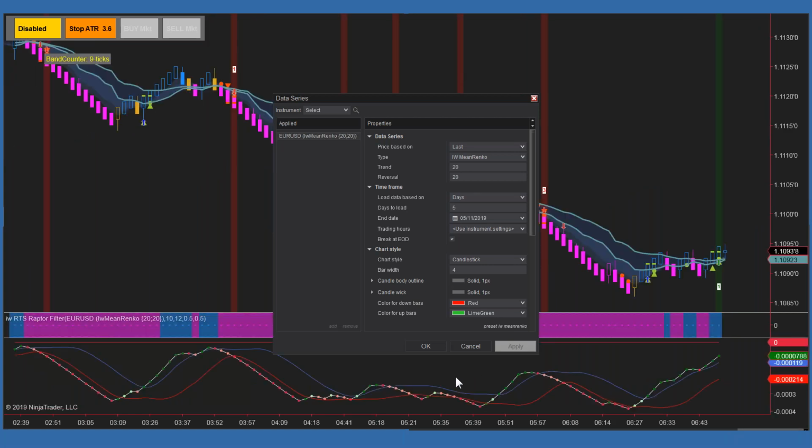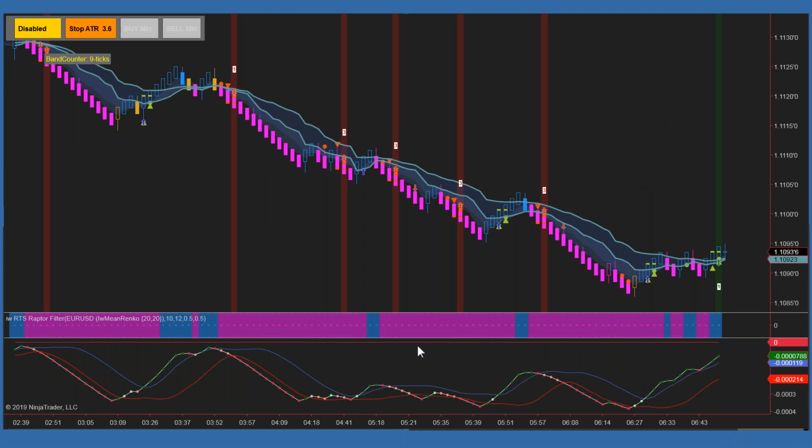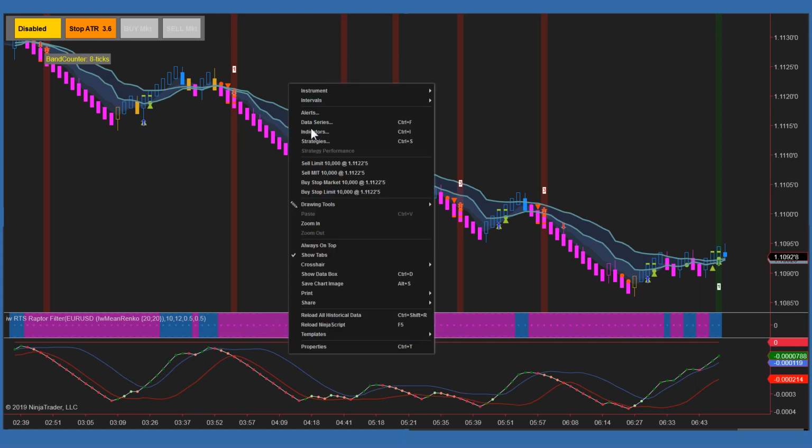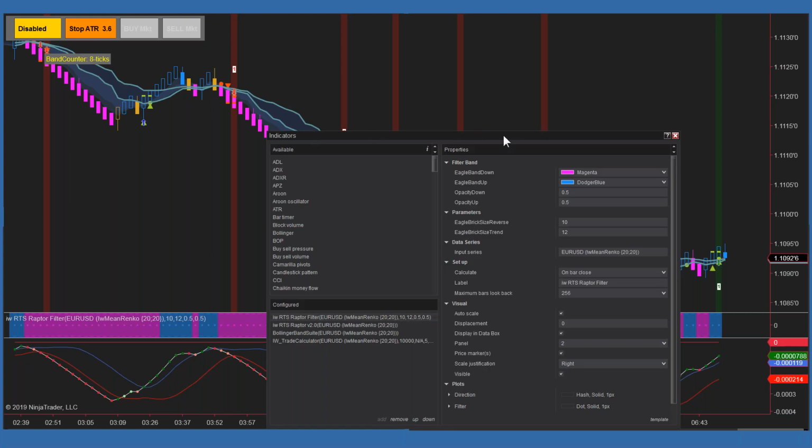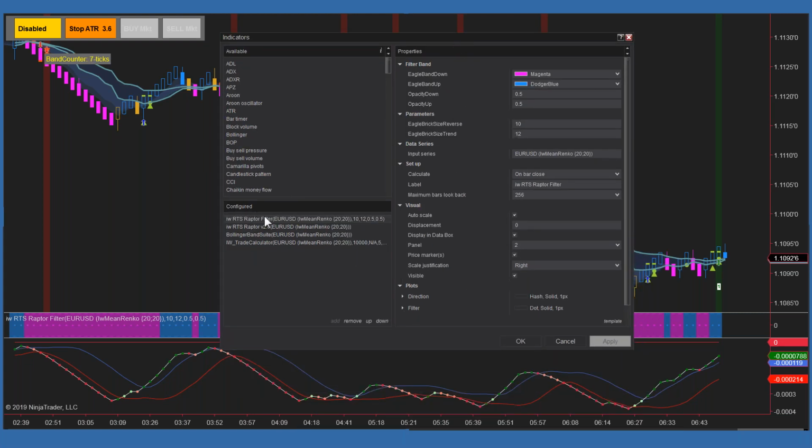And you're going to see that's going to make my Raptor look very unusual. Oh, actually not that unusual, but let's adjust the Raptor as well. Now, remember I said Raptor, there we go.